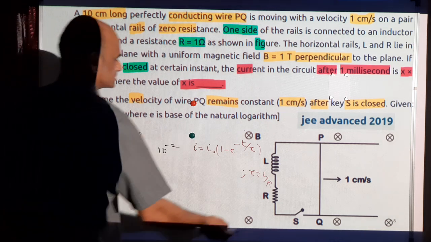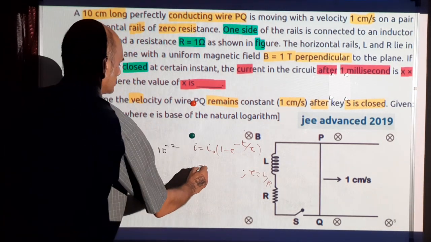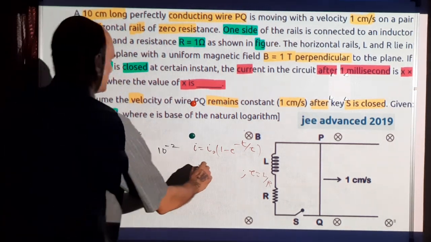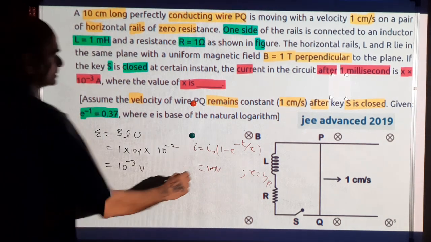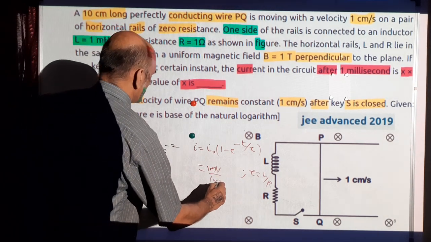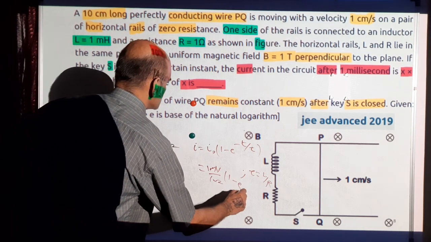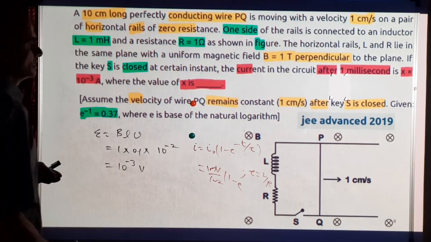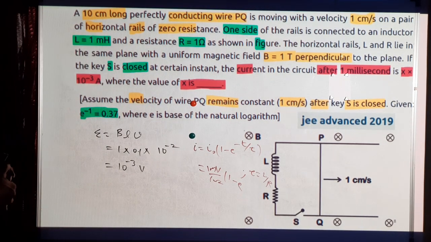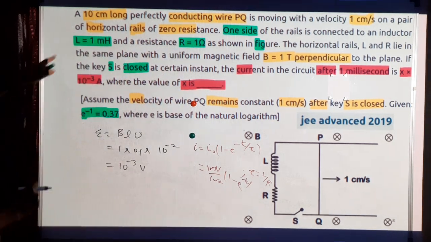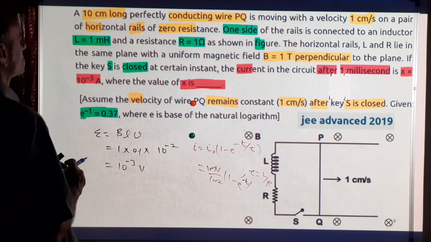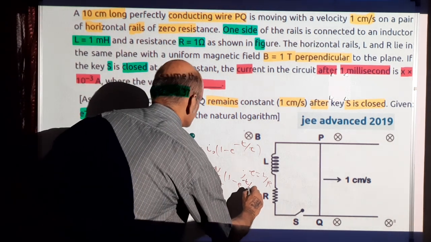So the current is determined by this voltage and the resistance. So induced EMF is 1 millivolt and the resistance value is 1 ohm, into 1 minus e to the power minus t by tau, and the tau value is L by R. L is 1 milli and R is 1. So it's 1 millisecond.